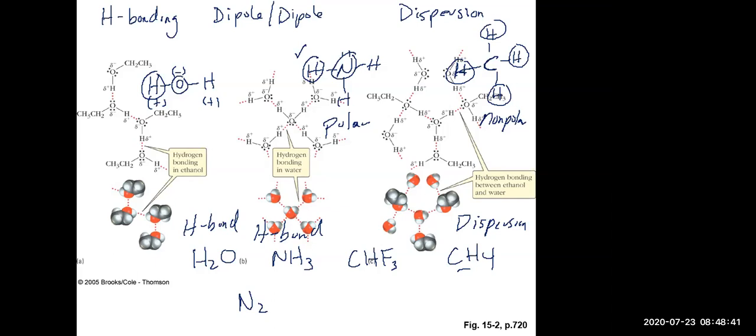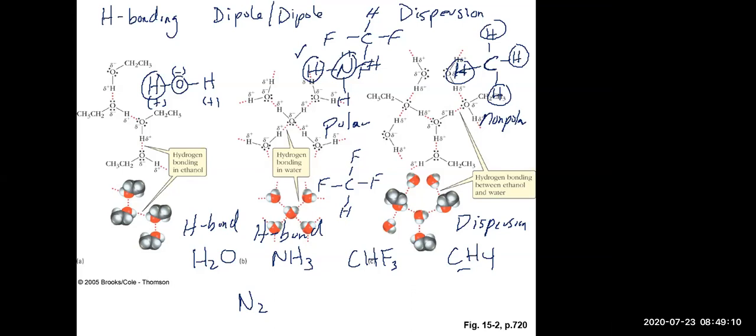Now, what happens when we take CHF3? If we draw it really quick here, just a rough sketch, something like this. This is tetrahedral geometry, but we don't have everybody attached the same.